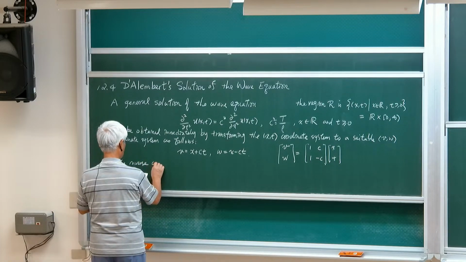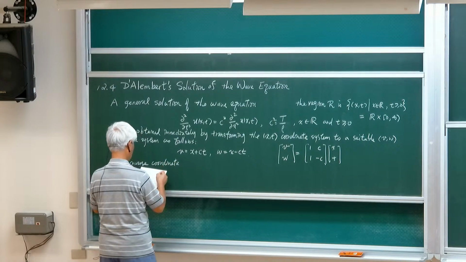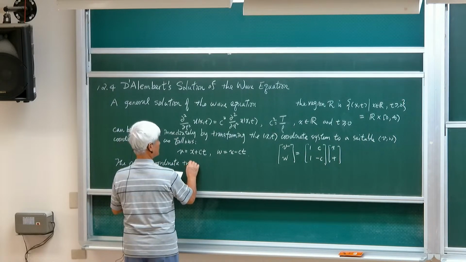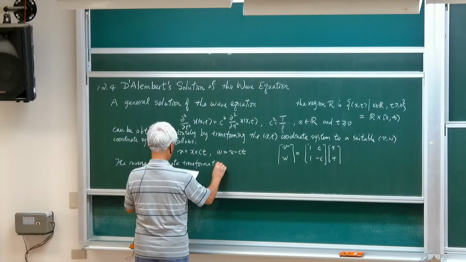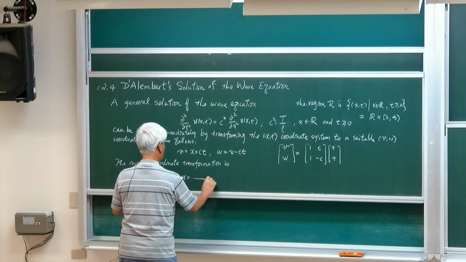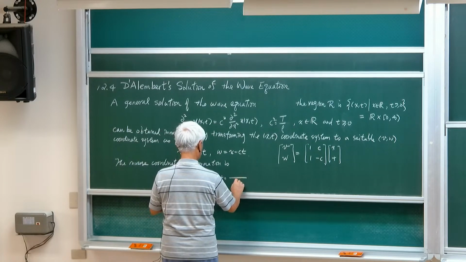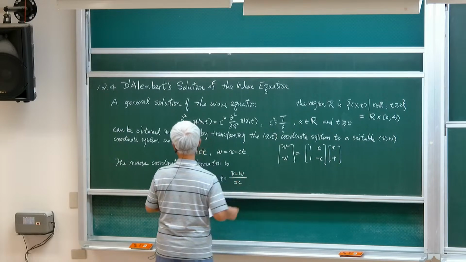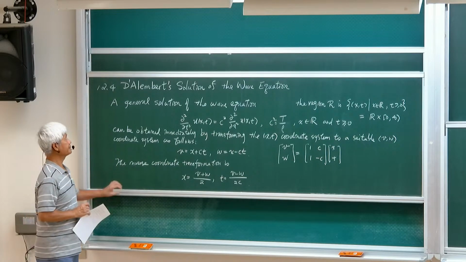All right. So the inverse coordinate transformation: x is equal to one half of v plus w, and t is 1 over 2c times v minus w. Okay, so that we have the coordinate transformation.